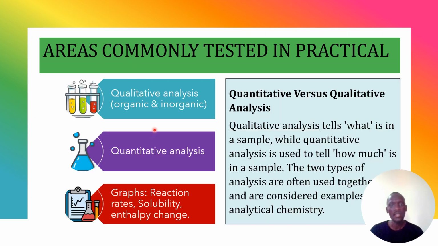Our next topic is areas that are commonly tested in practical paper 3. One area is qualitative analysis, which incorporates organic and inorganic qualitative analysis. Secondly, we have quantitative analysis, also called volumetric analysis or titration. And finally, we have reaction rates, solubility, and energy changes or enthalpy change.